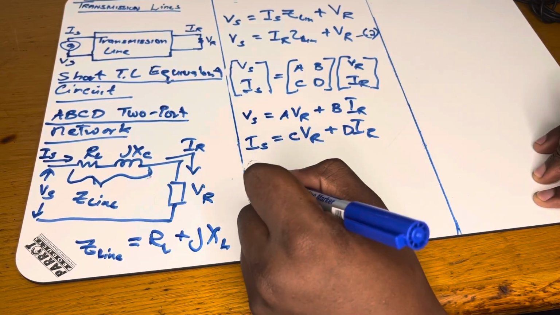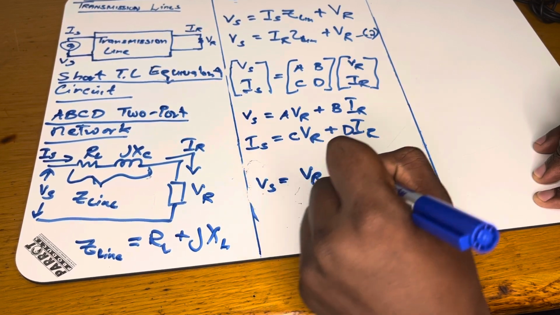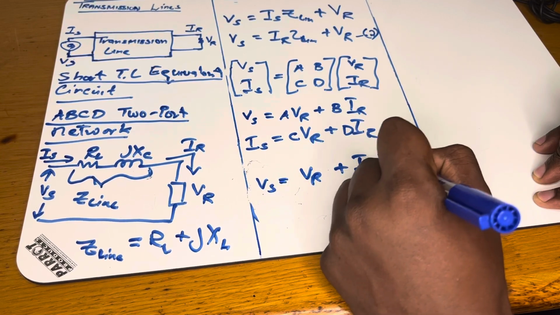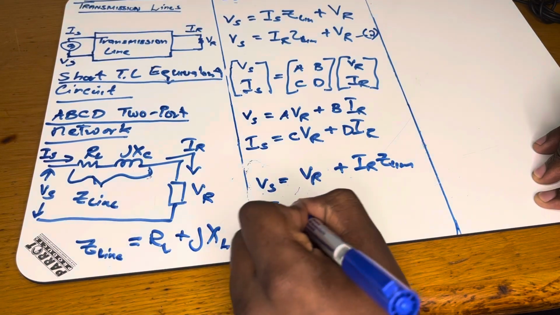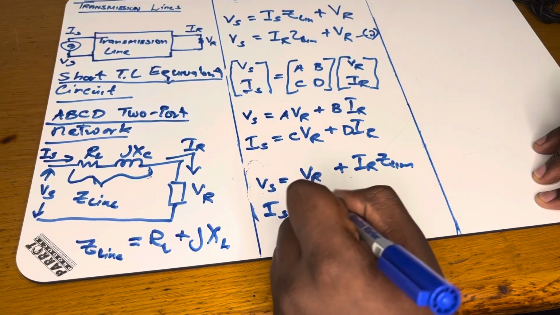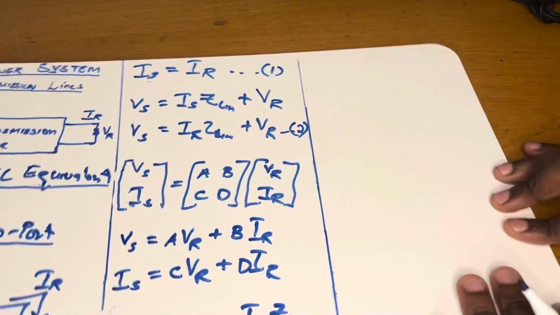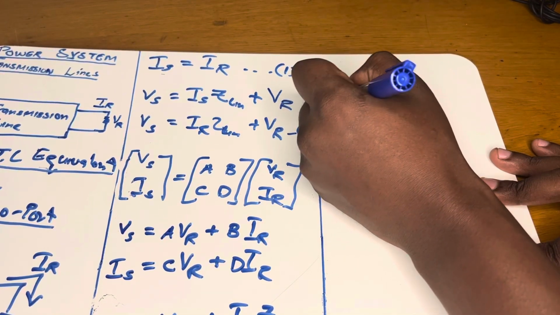So our Vs will be VR plus IR Z line. Then our Is will be equals to IR, right?